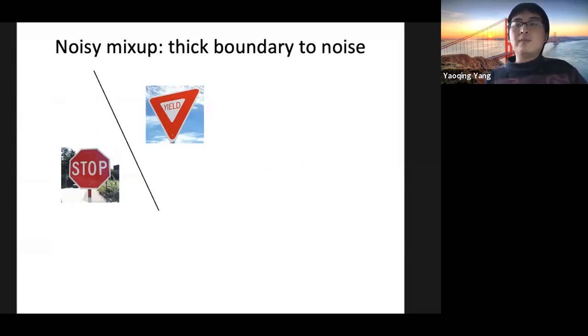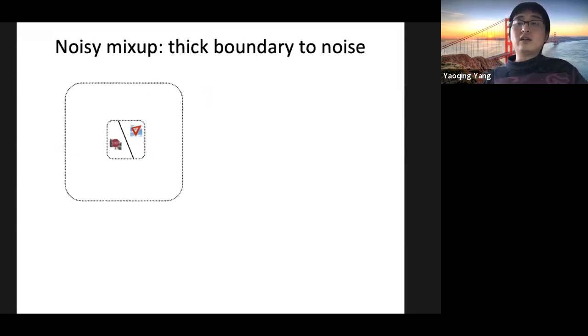Close to the end, I will talk about a new technique that is inspired by boundary thickness. Until now, we've been looking at the decision boundary between different classes of data. However, if you look at the whole data space, usually the place where you have data is extremely small.